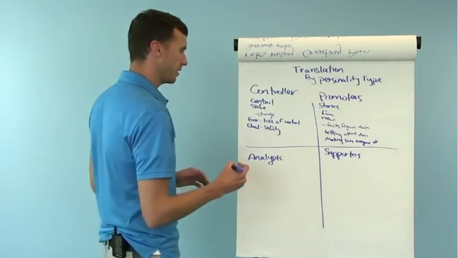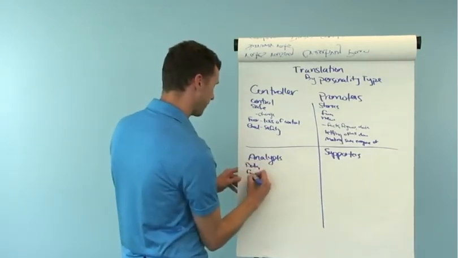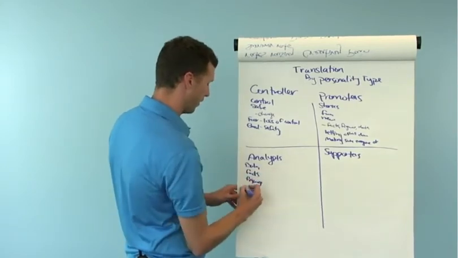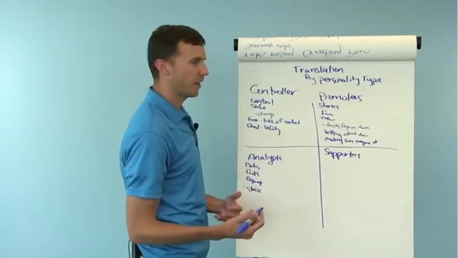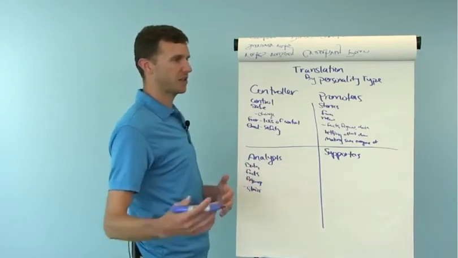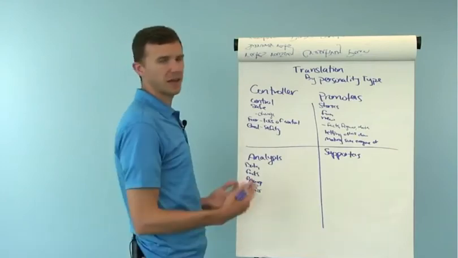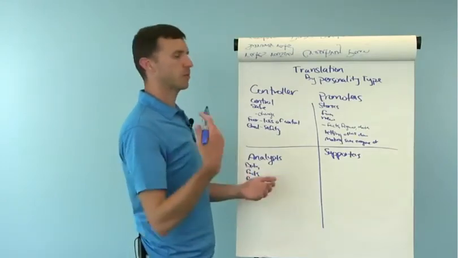Okay? Let's get into the analysts. What do they like? Data. Facts. Figures. Love it. What do they hate? They're not real big on stories. They don't necessarily hate them, but they don't like stories that make them emotionally charged to make a decision. They feel like the wool is being pulled over their eyes. So I tend to stay away from stories when I'm talking to analysts. I want to give them data, pressure points, stuff like that.